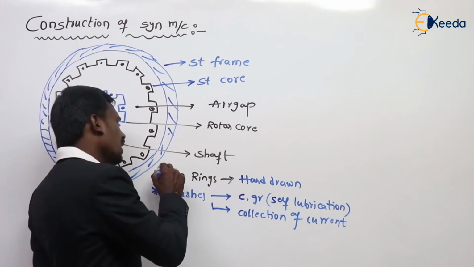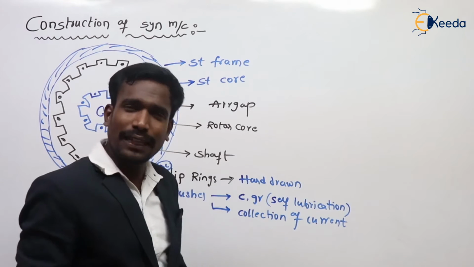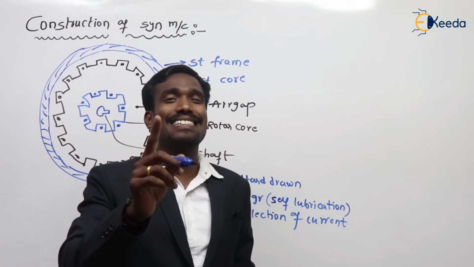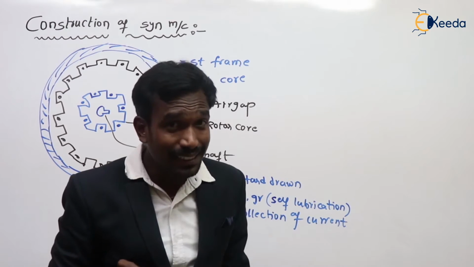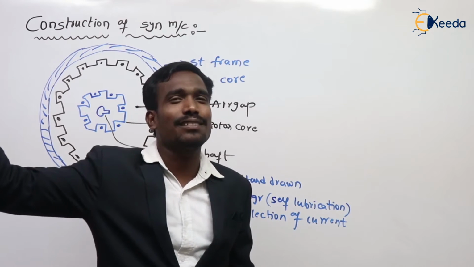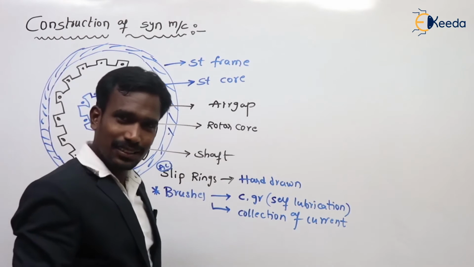In an AC machine, we term them slip rings. But in a DC machine, they are termed split rings, or commutator. Remember this. But here they are called slip rings.